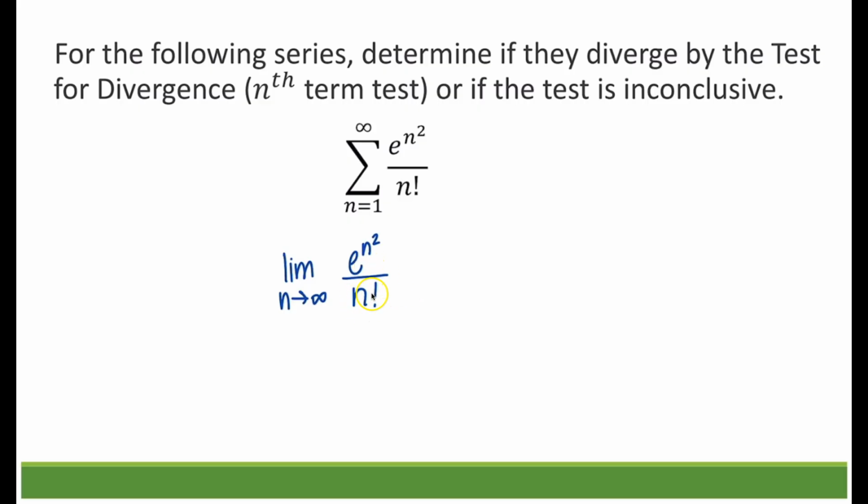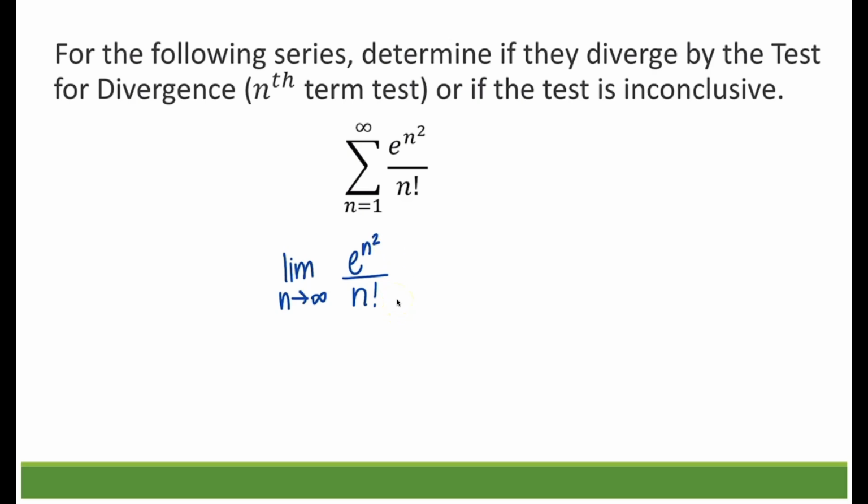So I have a factorial on the bottom, yes, but on the top, I don't just have an exponential. I have a polynomial n squared inside of an exponential. So how do I know which one's bigger, right? The polynomial inside of an exponential, that could be growing faster than n factorial. I'm not sure. So I have infinity over infinity.